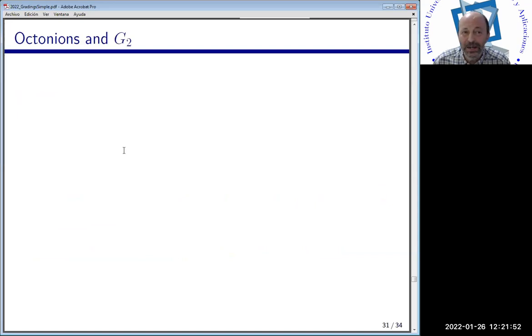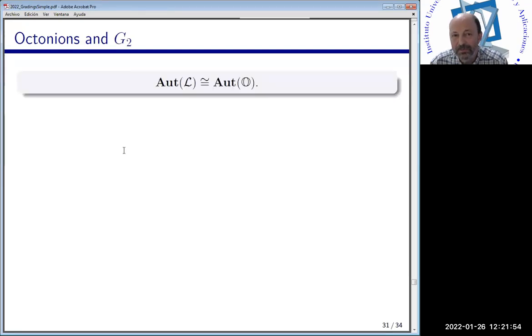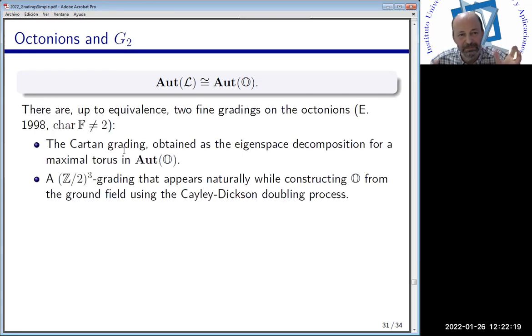For G2, things are relatively easy, because if we start with a simple Lie algebra of type G2, the group scheme is a group of type G2, and this is isomorphic to the group scheme of automorphisms of the octonions. The simple Lie algebras of type G2 are the Lie algebras of derivations of octonions. By the way, there are no simple Lie algebras of type G2 in characteristic 3, so I will forget about this case. Anyway, it is relatively easy to classify gradings on the octonions.